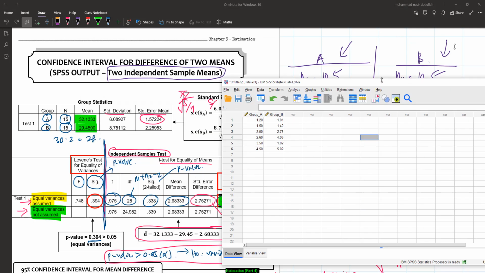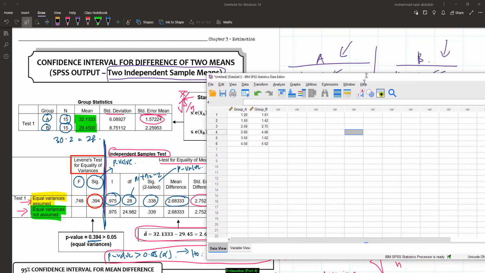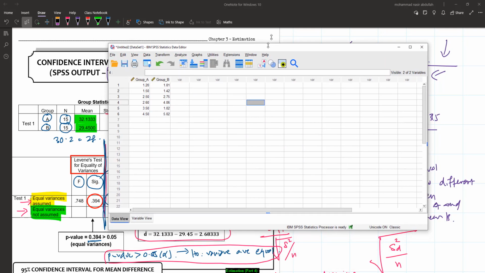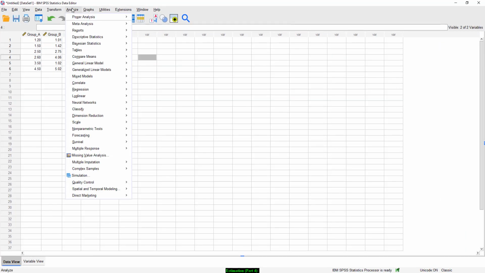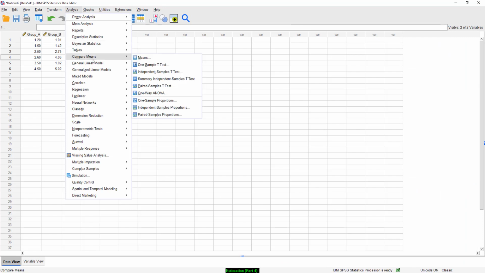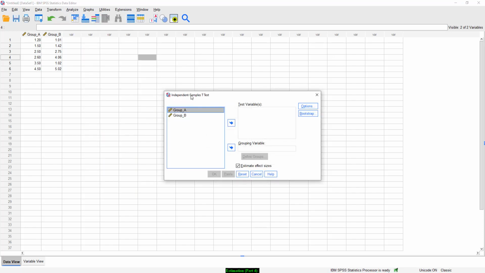To get this result as I showed before, we go to Analyze, Compare Means, and click on Independent Samples T Test. There are two columns here. The first column is all variables in your dataset. The second column is the test variable and grouping variable.